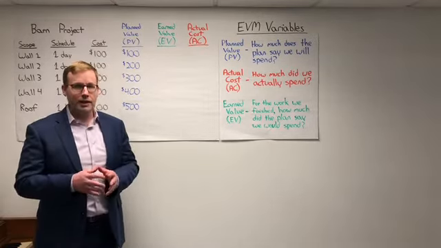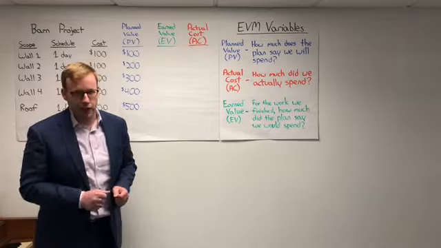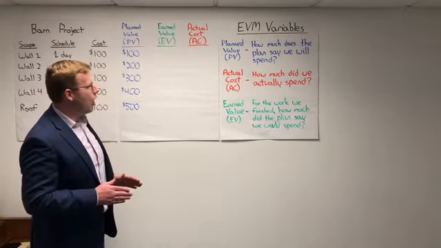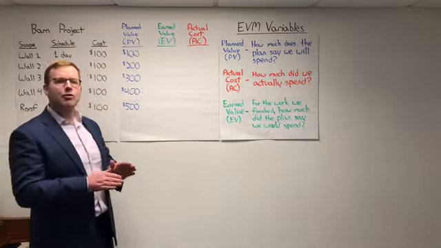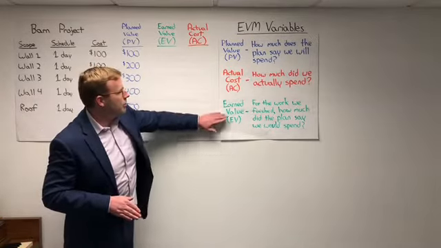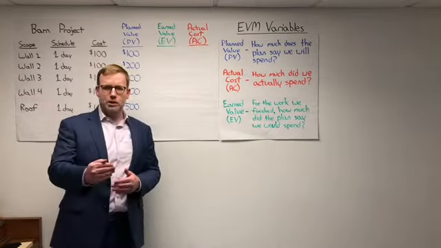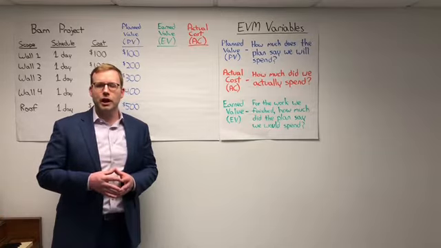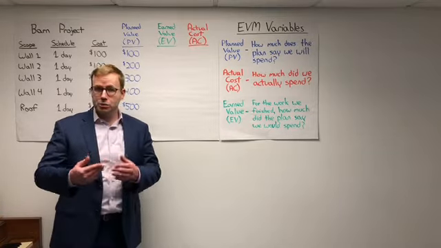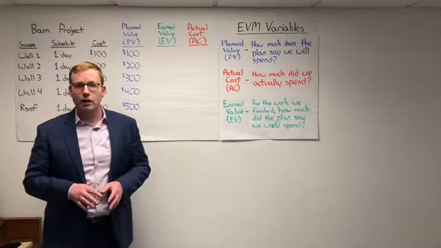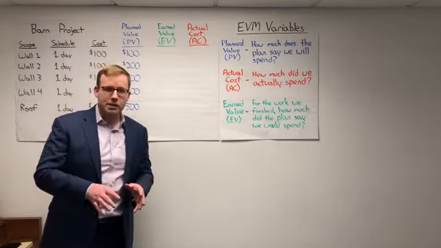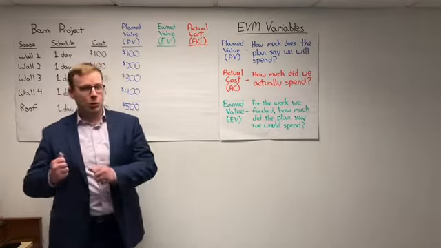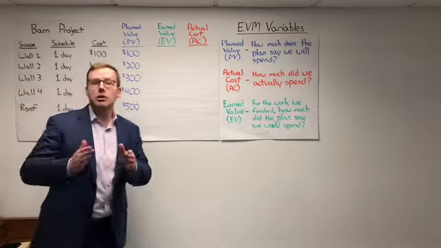So this is going to be at least a two-part knowledge snack. What I want to do is start off identifying and defining the three key variables that become the inputs for earned value management calculations. In future knowledge snacks, we'll talk about how we can calculate variance and performance index to look backwards on our project and say, how have we been doing so far?